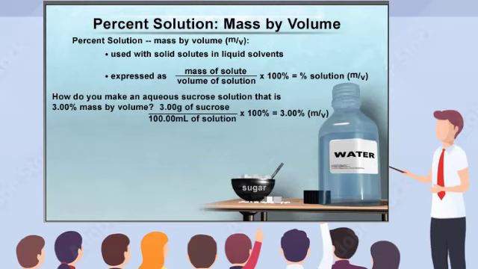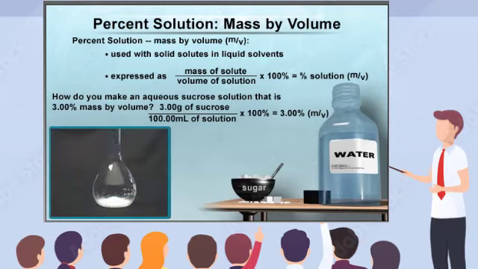This indicates that 100 milliliters of solution contain 3 grams of sucrose. To make this solution, place the 3 grams of sucrose into a flask and add enough water to bring the volume to 100 milliliters. Whenever dealing with percent solutions, be sure to report the percent solution in the appropriate units. Notice that mass per volume is abbreviated as M over V.